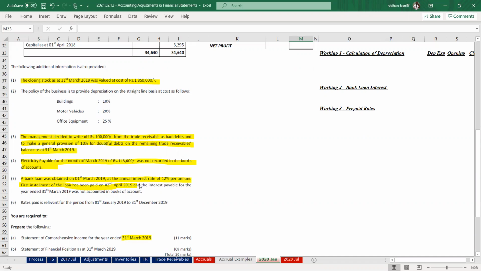Because we are preparing the income statement on accrual basis. Interest payable for the year ended 31st March 2019 was not accounted in the books of accounts. Yes, it's 3 months. 3 months interest. So I'll do the working number 1.